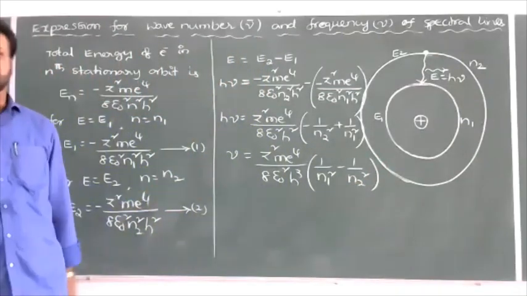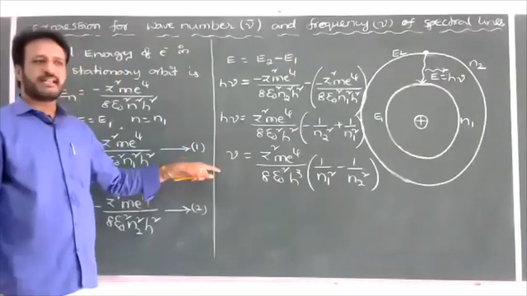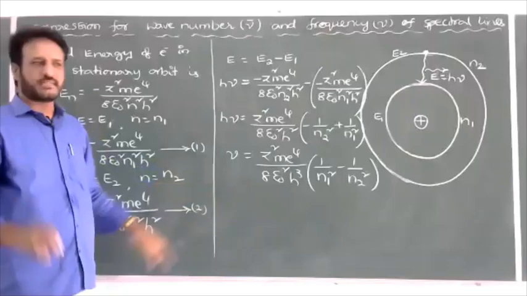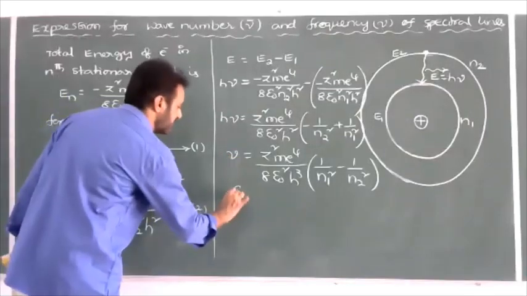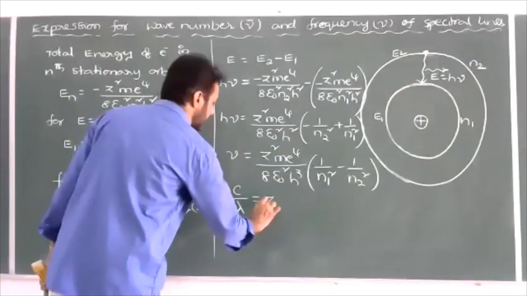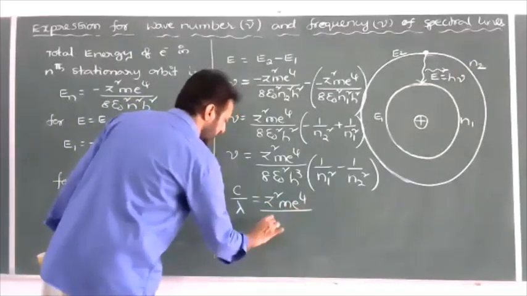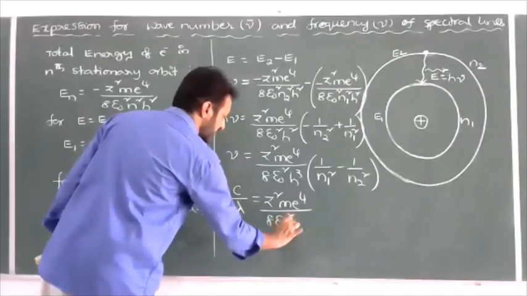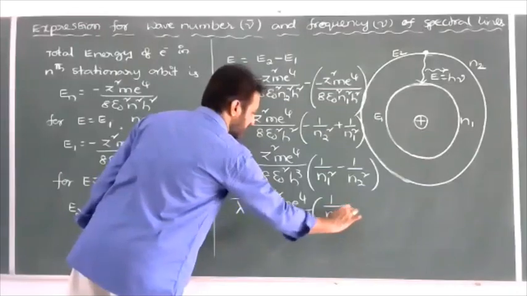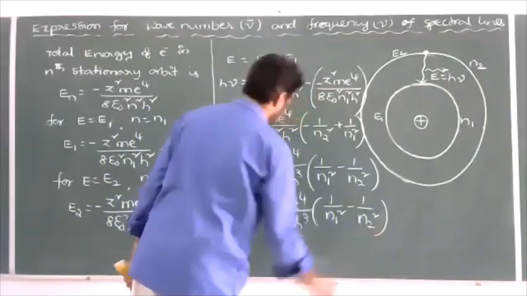It is nothing but the frequency of the spectral line. But we know nu is equal to c by lambda. Frequency is equal to the speed of light by the wavelength of the light. In place of nu, I'll write c by lambda. So therefore, c by lambda is equal to Z square m e power 4 by 8 epsilon naught square into h cube into 1 by n1 square minus 1 by n2 square.